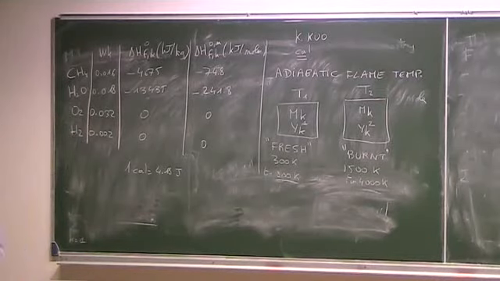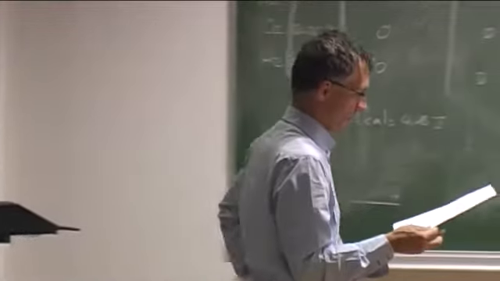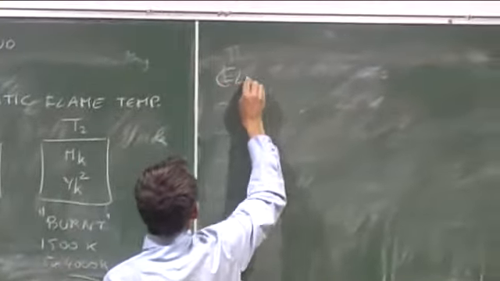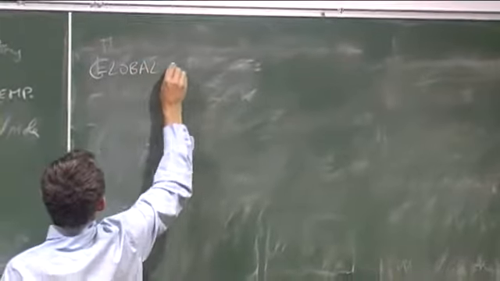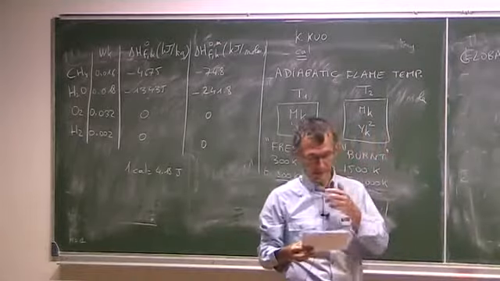So to handle a problem like this, we need some way to count reactions. It's like in the bank, basically. So we need to do some accounting. So if we talk first about the global reaction that we're going to have, we're going to write it in a way which allows us to do some simple mathematics behind it.